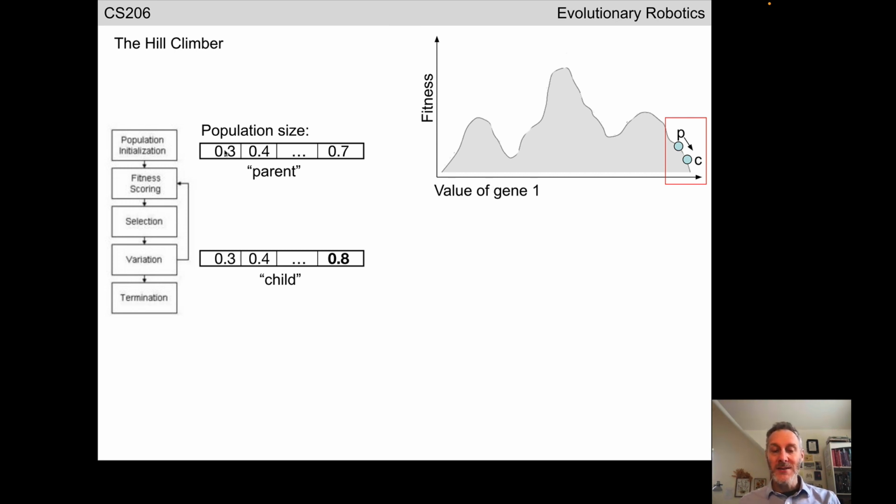So we have a random set of genes, which means we land at some random horizontal position along this axis, which let's say is over here. We're going to refer to this individual as the parent. There's only one at the moment. We evaluate the fitness of this parent, and we then know the height of this point in the fitness landscape.